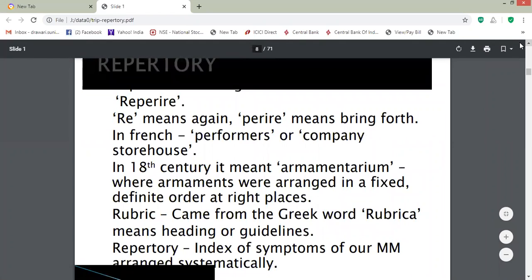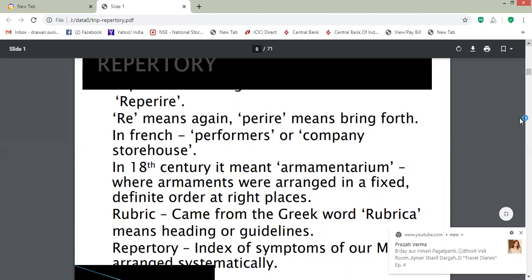Then repertory. What is repertory? Repertory: re means again and parire means bring forth. In French, it means performance or storehouse. In the 18th century, it meant armamentarium, where armaments were arranged in a fixed definite order at right places.